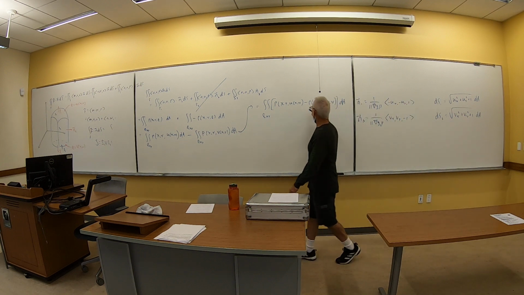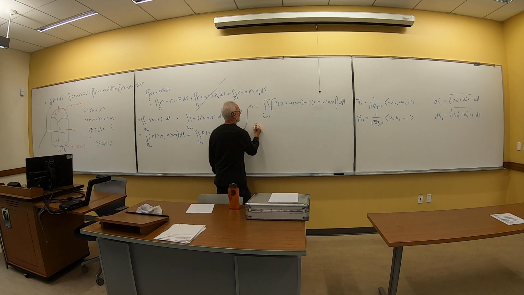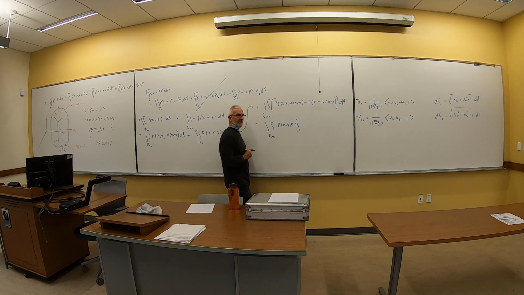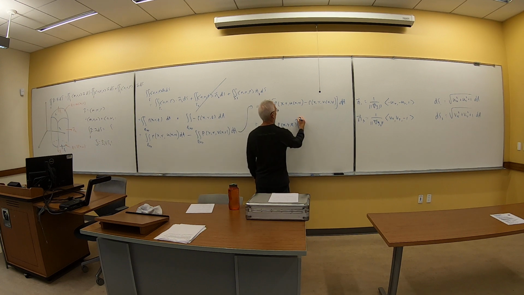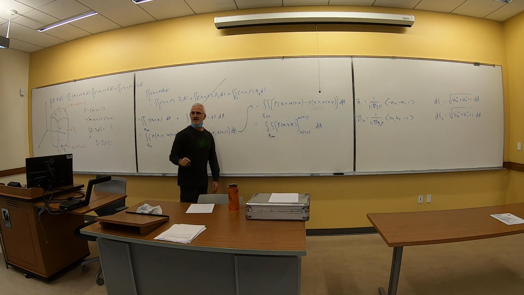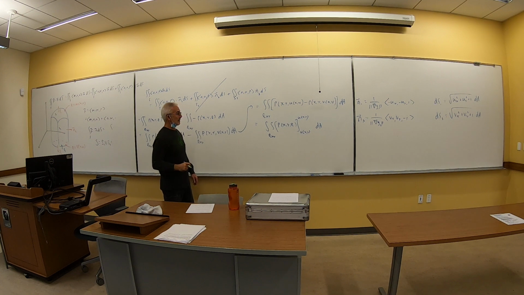What had to take place in the step before? Well, wouldn't it have had to be something like this, P of x, y, z, evaluated at u of x, y at the top, v of x, y at the bottom? Does that make sense?